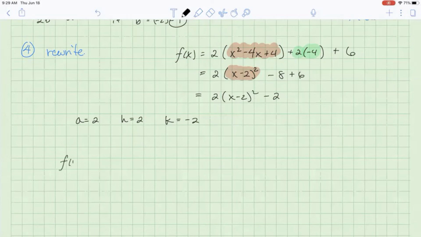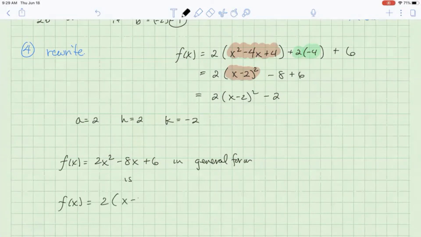So f of x, which was 2x squared minus 8x plus 6 in the general form, is f of x equal to 2 times x minus 2 squared minus 2 in the standard or vertex form. And that's how you complete the square.